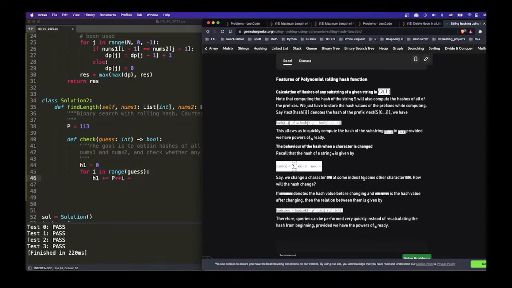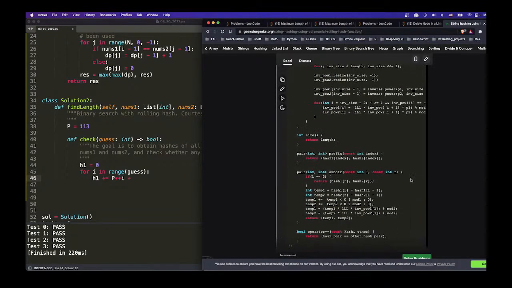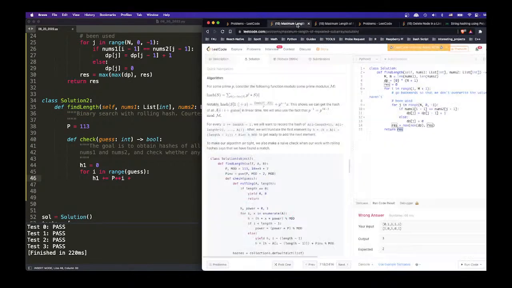At some index. Why are you dividing by p though?